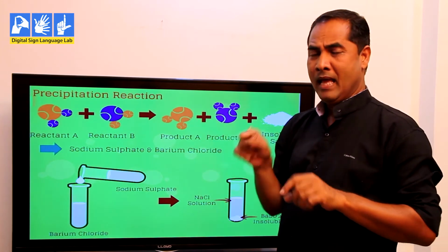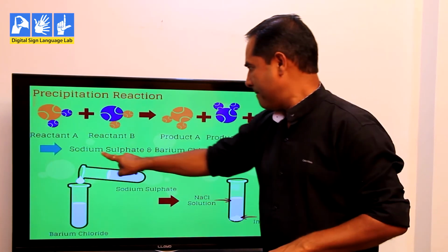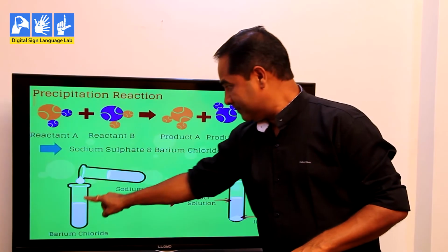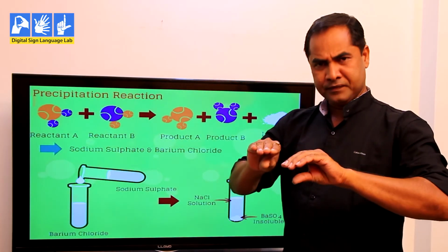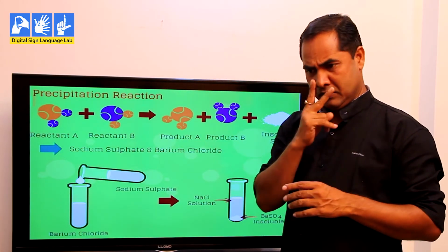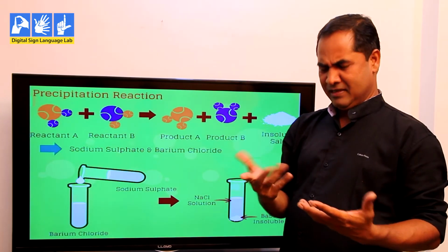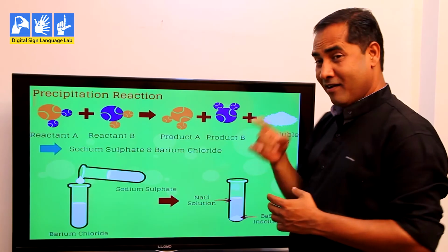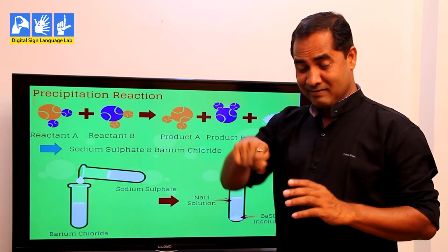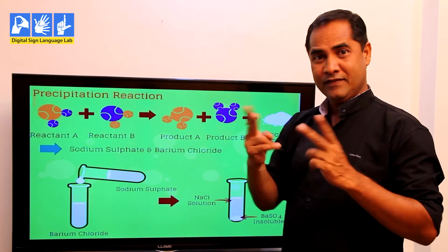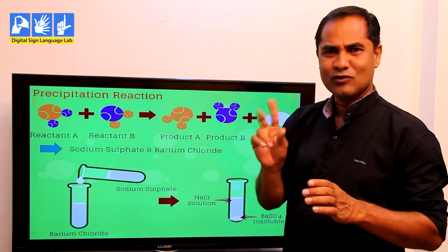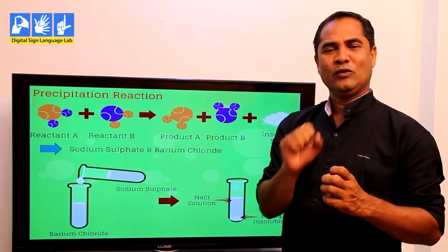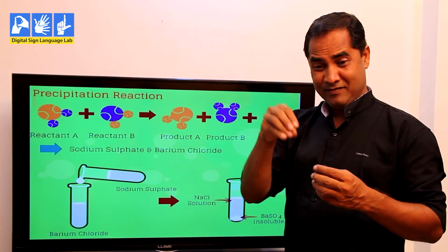I've already shown you one example of sodium sulfate and barium chloride. When this reaction occurs, when we mix these two solutions, we get the precipitate of barium sulfate, which is insoluble in the solution.